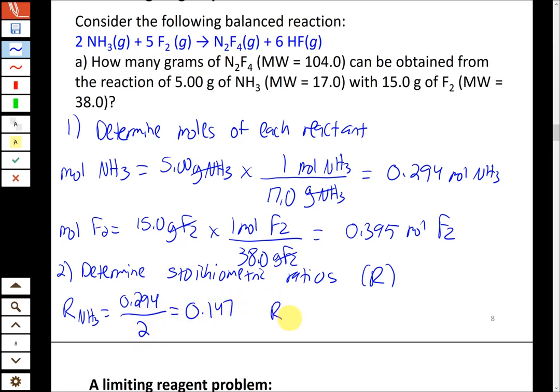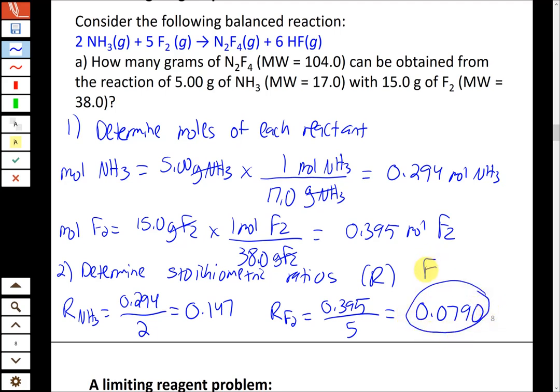When we do the same thing for F2, we have more moles of F2, so the numerator is 0.395, but we're going to divide that by a coefficient of 5 instead, and so the stoichiometric ratio for this is smaller. Okay, so even though there are more moles of F2, its ratio is smaller when we divide by the coefficient, so this is the one that's going to be our limiting reactant.